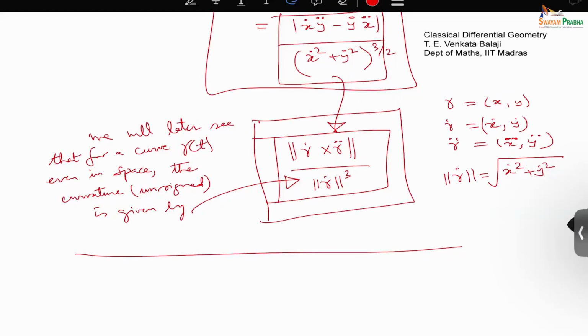Yes, you have a question. Even this formula is dependent on the parameterization. That's correct, you are absolutely right. Even if you write this in terms of gamma, it still depends on gamma. And therefore, if you change gamma, whether this expression will change is not clear. That has to be established.